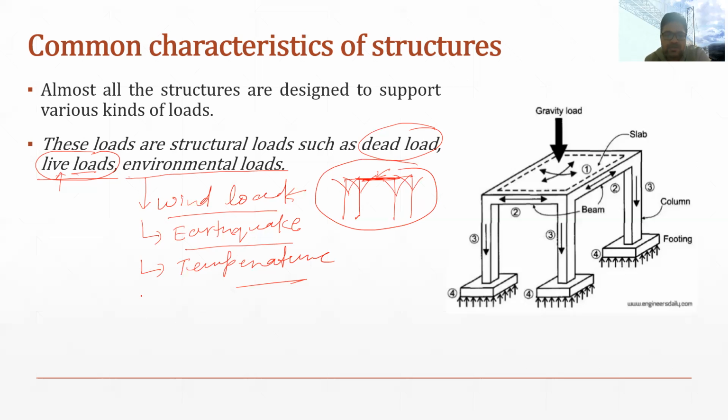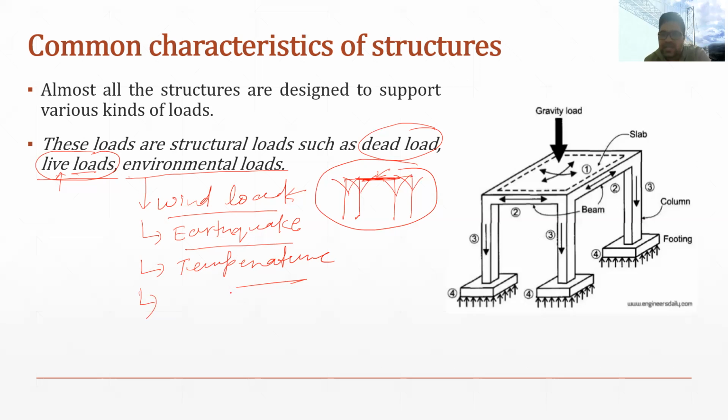Similarly, there may be snow load. Like if we construct our building in a hilly area where snowfall occurs, snowfall may rest on the building, and it will also have some load.